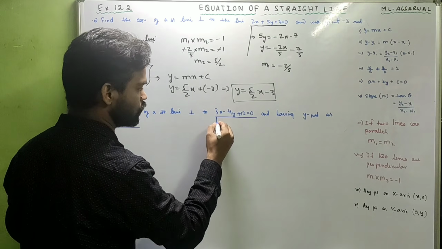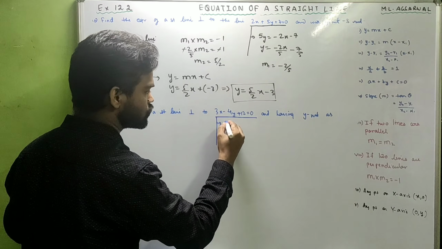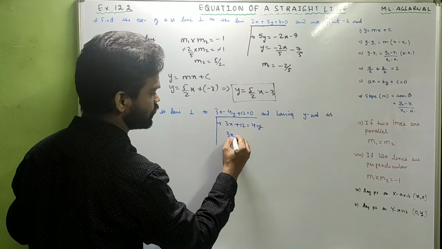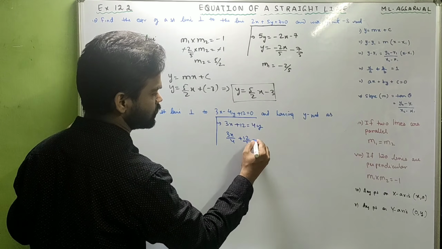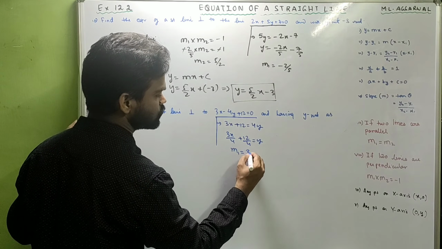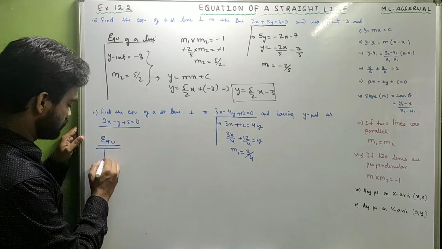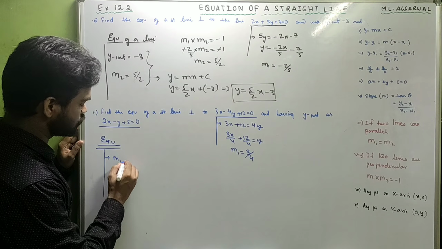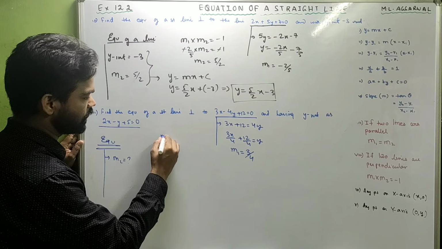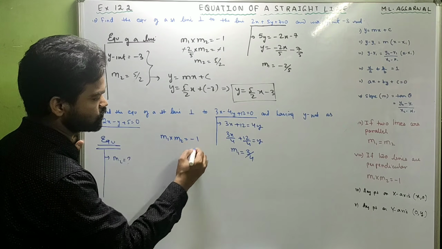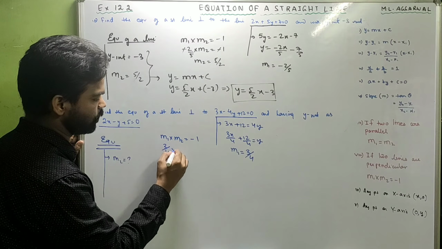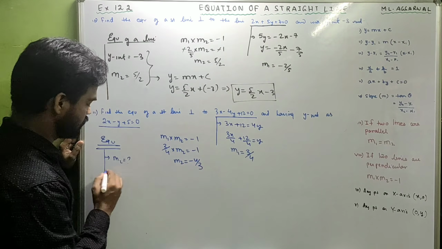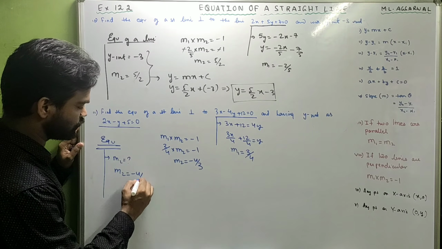First of all, calculate the slope. 3x + 12 = 4y, or we can say (3x)/4 + 12/4 = y, which means m1 = 3/4. Now for the required line, suppose m2 is the slope, then m1 multiplied by m2 is -1, which means 3/4 multiplied by m2 is -1, so we got m2 as -4/3.